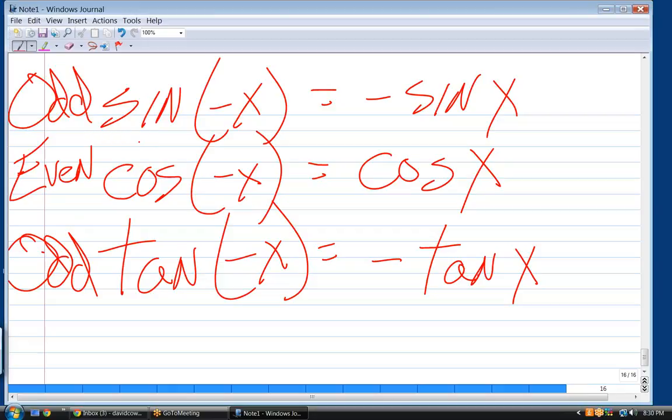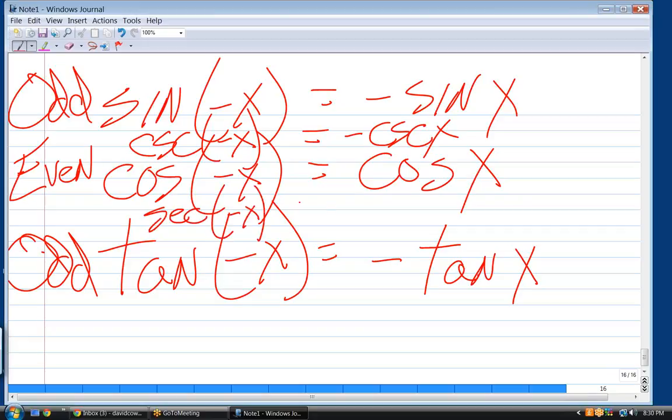So if I'm talking about the cosecant of negative x, then it's also equal to negative cosecant of x. It's also odd. If sine is odd, its reciprocal has to be odd. All right. Same thing with secant. Secant of negative x is secant of x.